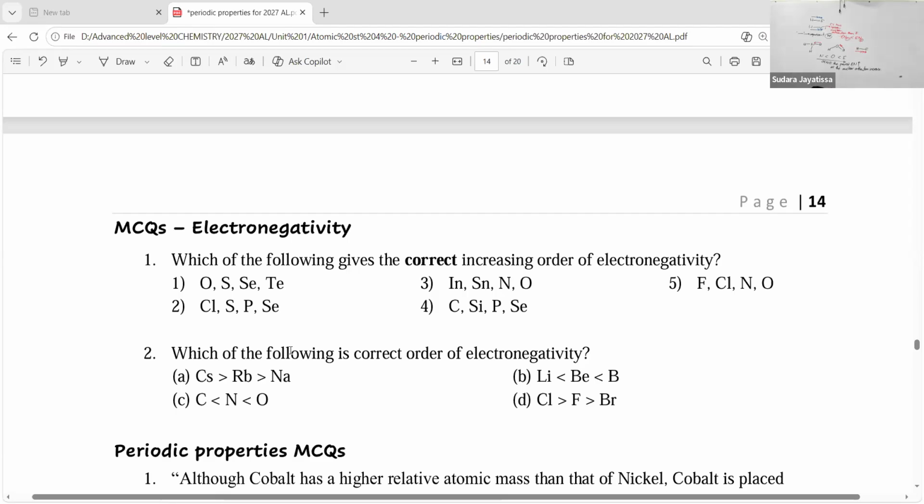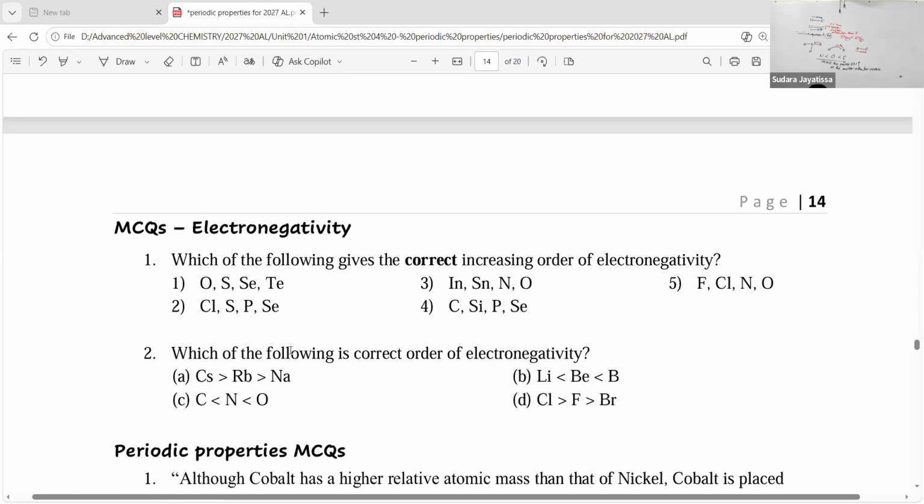Next one. Correct order of electronegativity. Now, cesium, rubidium, sodium. Use the last page periodic table. They are in the first group. Down the group, electronegativity decreases. So this is wrong.